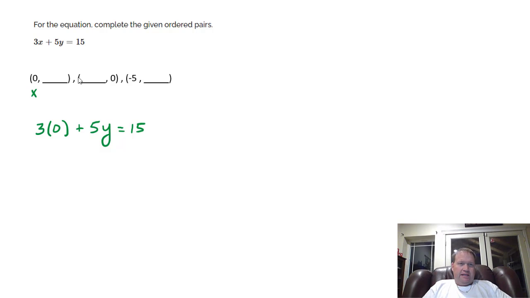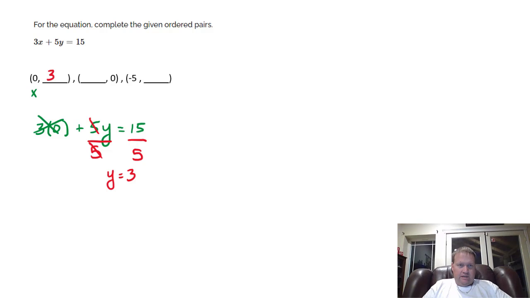And whenever we have something like this where it's going to be a 0, I'm just going to cross it off, and we're going to pretend it doesn't exist. And we're going to go ahead and take this equation, we're going to divide it by 5. We're going to isolate y. This is why we learned how to solve one-step equations. The 5's disappear, they turn into 1's, and we're left with 1y equals 3. So when x was 0 and I put a 0 for x, y was 3.